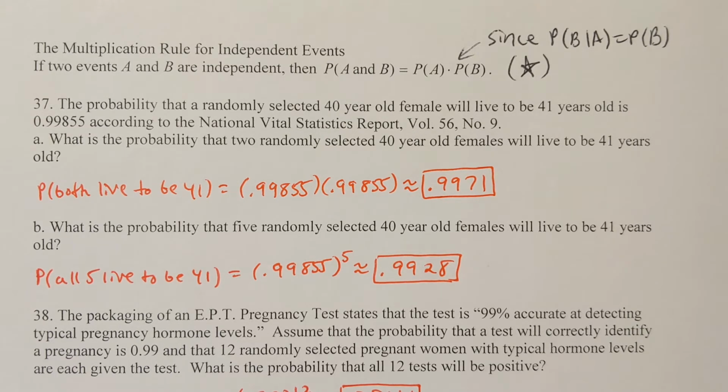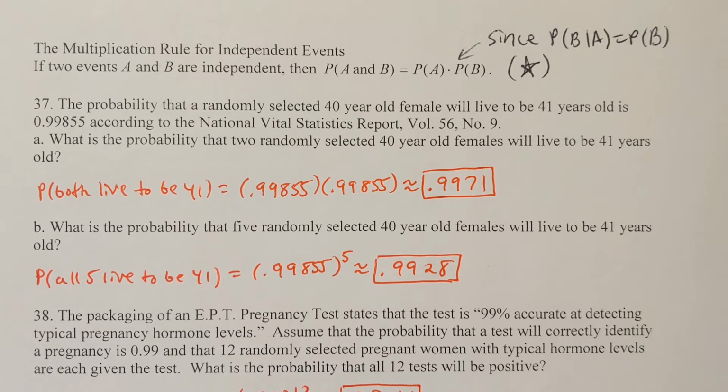Okay, couple things here. First of all, this is a multiplication rule type situation. Anytime you've got more than one event going on, and the word is "and," you're going to have a multiplication rule situation. Remember, if you're only selecting one item, it is not going to be a multiplication rule.